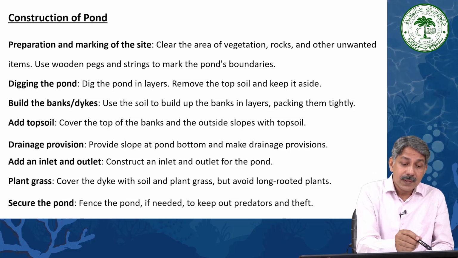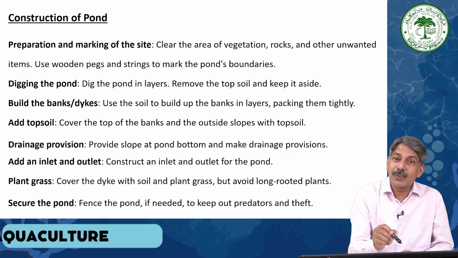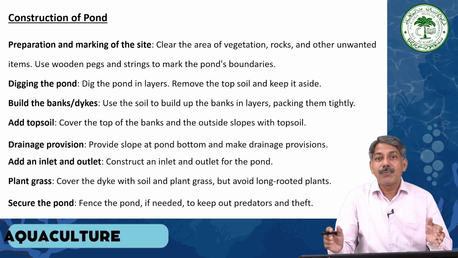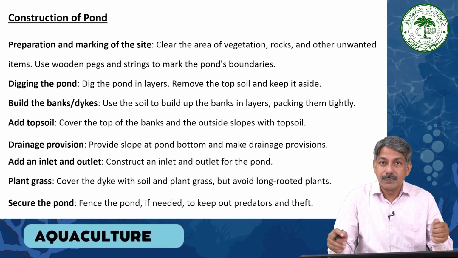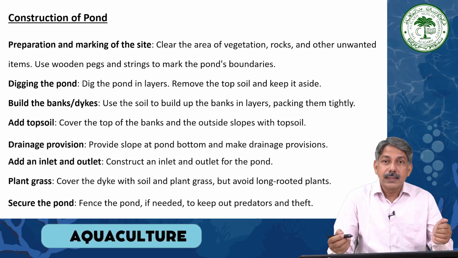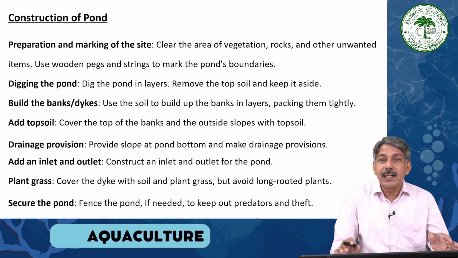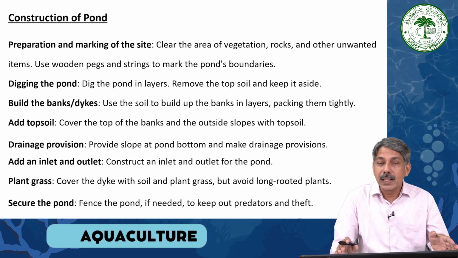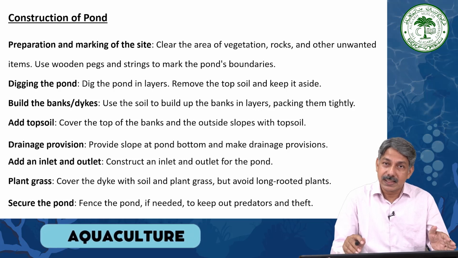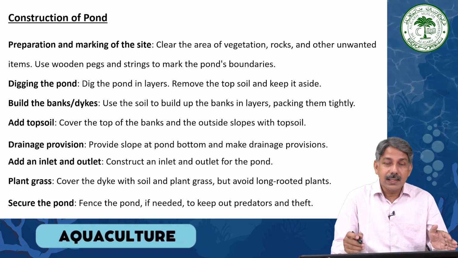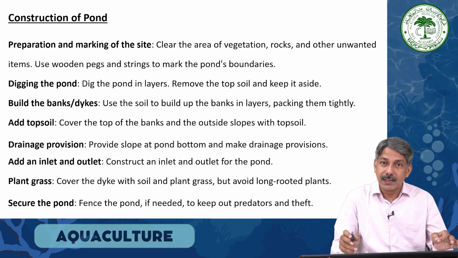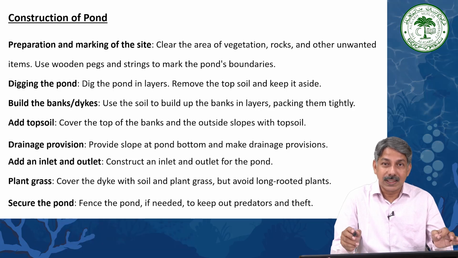For example, first prepare the site and mark the site. What you have to do, just identify which area you are going to construct upon, and then that area should be cleared of any undesired vegetation or any undesired material which is present in that area, and then do proper marking of the area where you need to construct the pond.